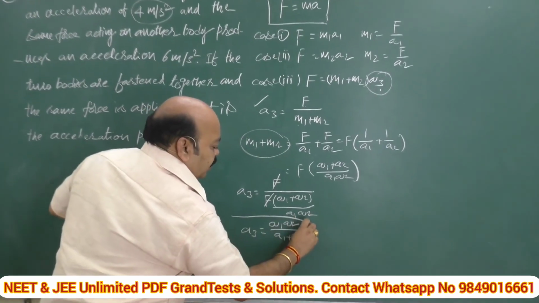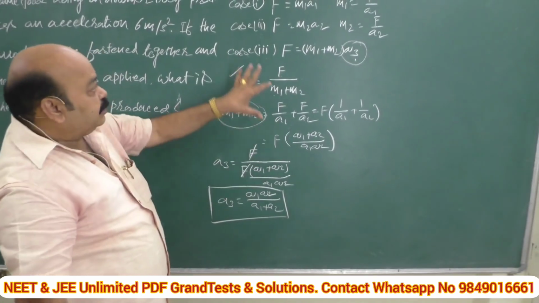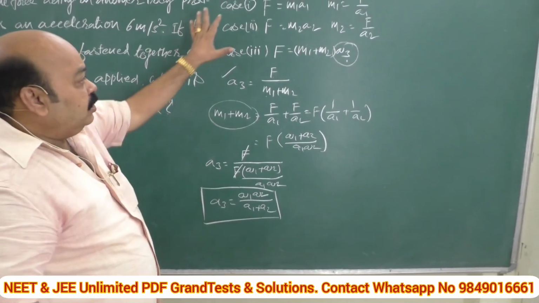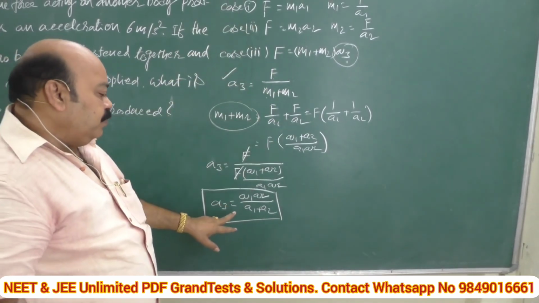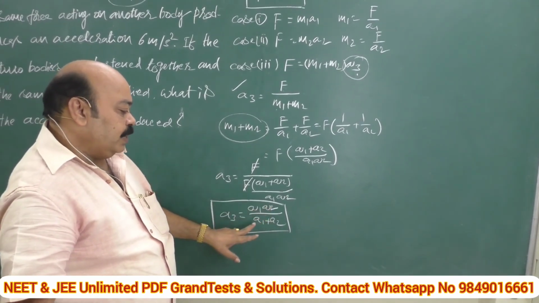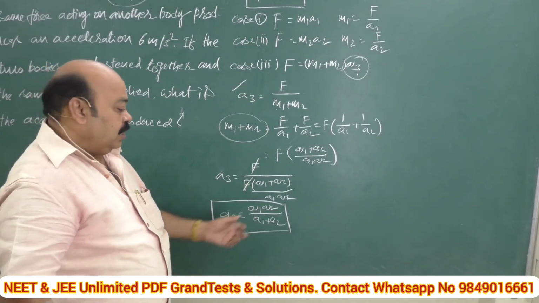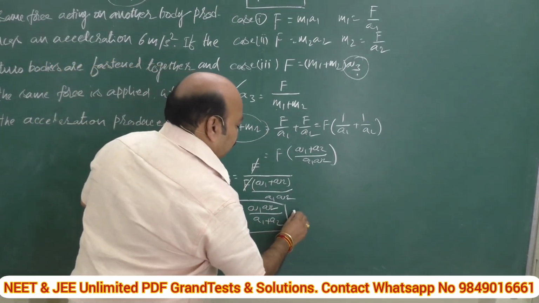So very often we hear one word, shortcut technique. If this type of problem appears, no need to write all these things. Simply, the acceleration of the third case is equal to a1 a2 by a1 plus a2. This is the shortcut technique.